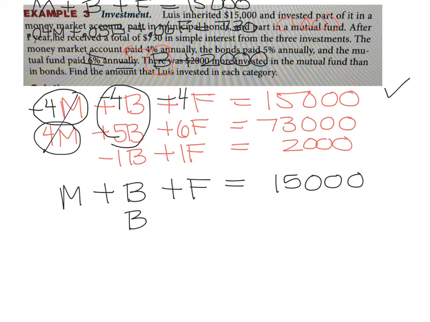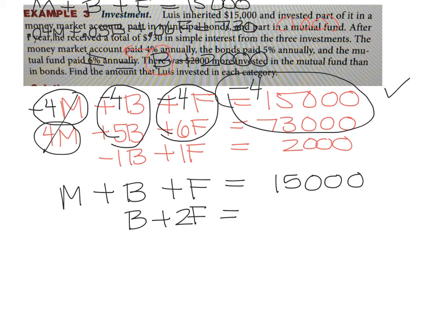Negative 4 times f plus 6f is going to give me 2f. Negative 4 times 15,000, I believe is negative 60,000, but I'm going to check. Negative 4 times 15,000 is negative 60,000. Plus 73,000 is 13,000.